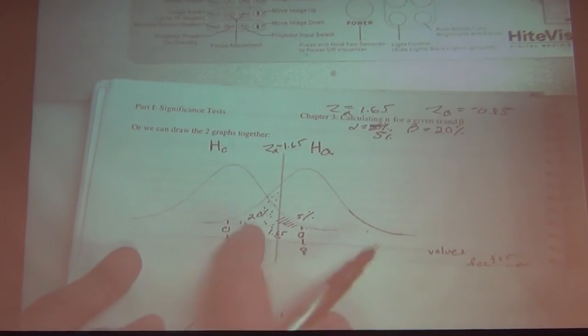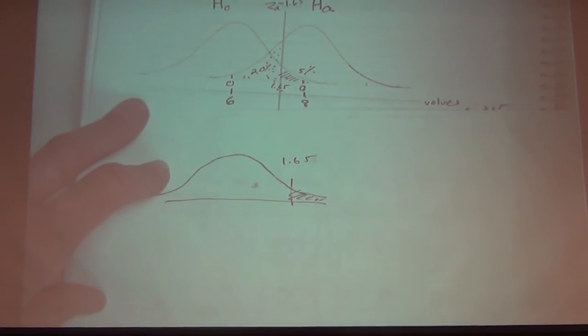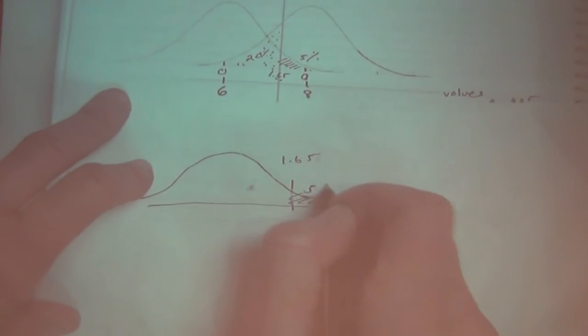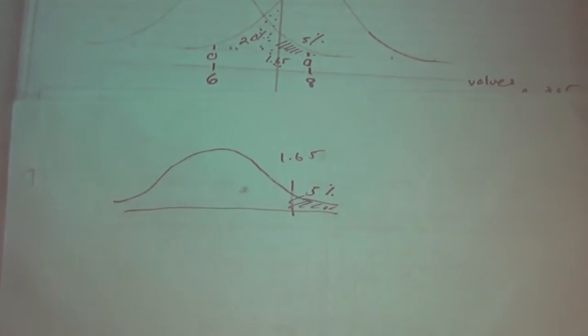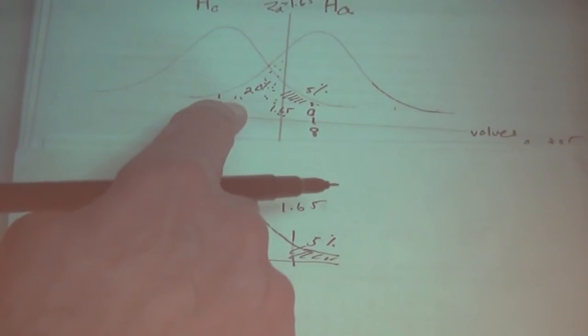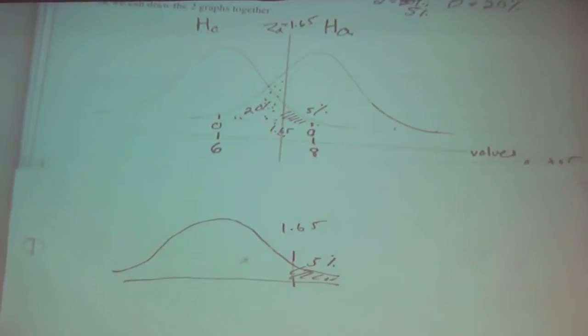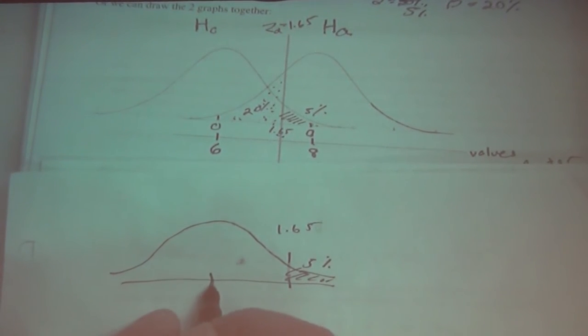Here we have 5% and 20%. That was given to you. You tell me what you want. Do you want to make this smaller? Tell me what you want to reduce it to. Let's say you don't want 20%. You want something smaller. You want 5% on both? So what would that mean? Okay, here's my null.